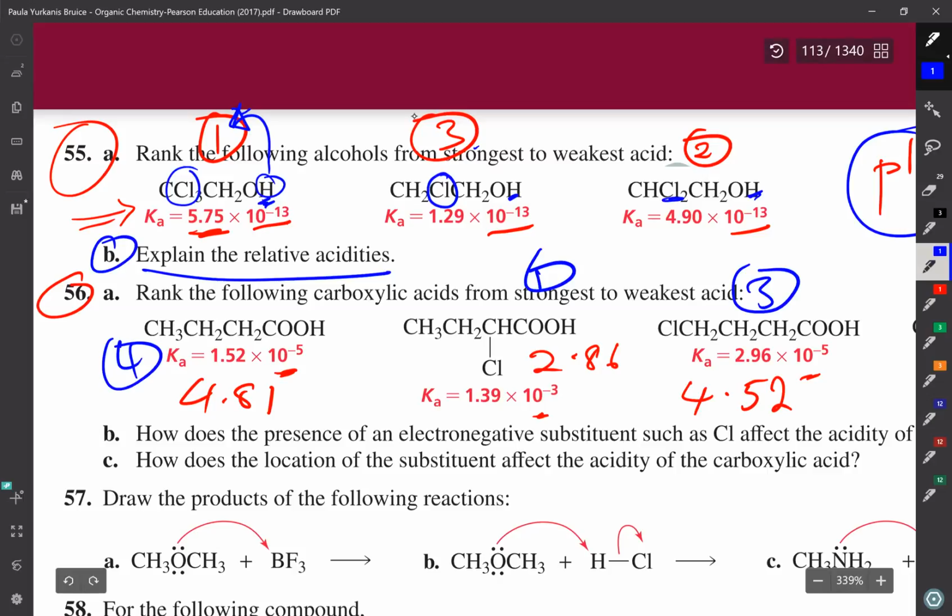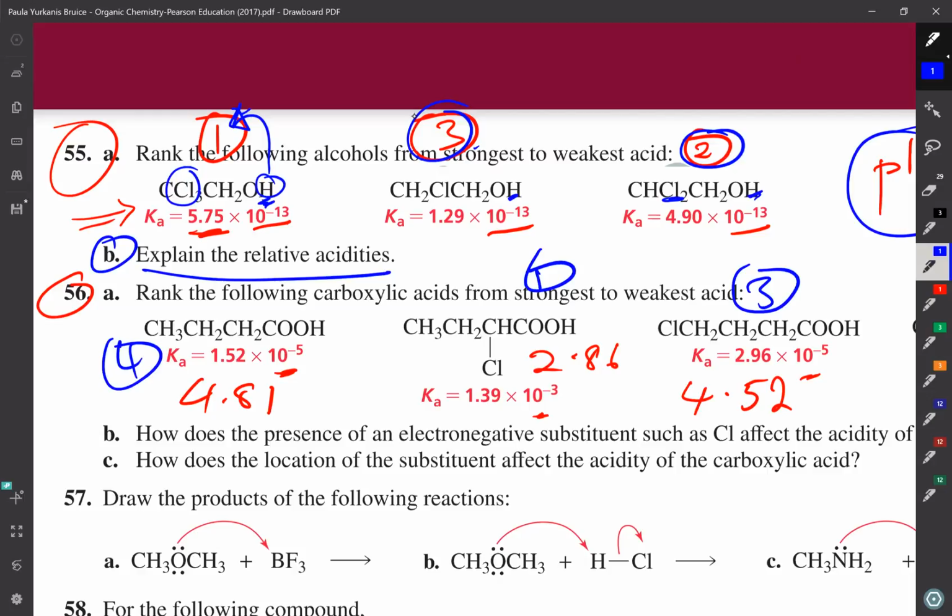These 2 chlorine atoms will definitely exert a stronger electronegative effect compared to 1 chlorine. And so the one with the 2 chlorines will have a stronger inductive effect compared to the one with only 1 chlorine atom. That's why this was our number 2 and this was ranked number 3. So that's the way you will be able to explain those kinds of questions.